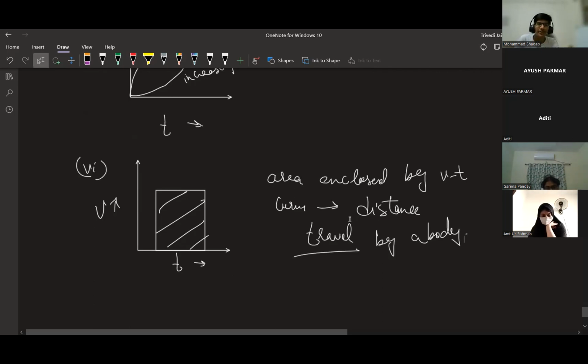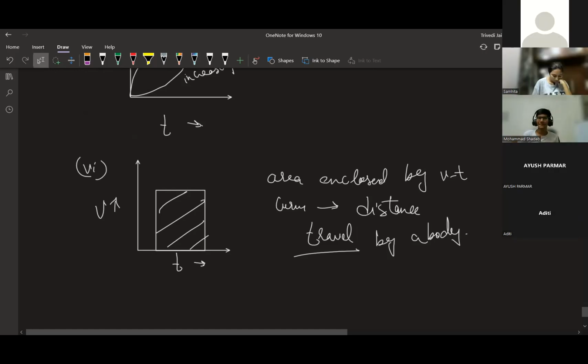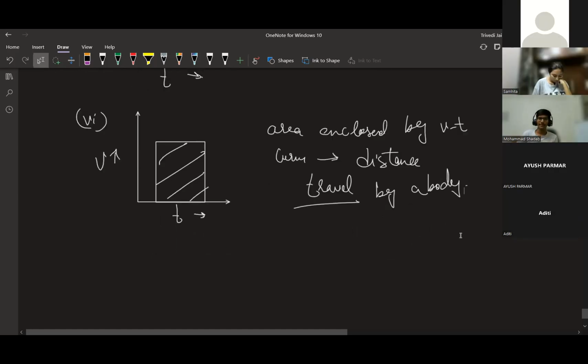Sir, differentiating a velocity-time graph would give you acceleration, and integrating it would give you the displacement. Exactly. I was about to say the same thing. Are you reading my mind? Yes. So yes, he said correct. Differentiating will give you acceleration. If we integrate, we'll get distance.